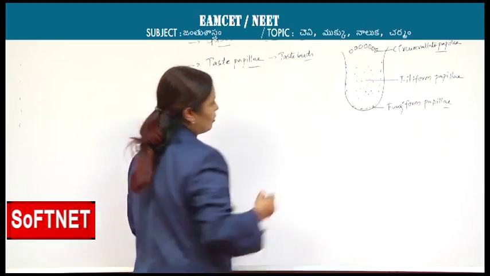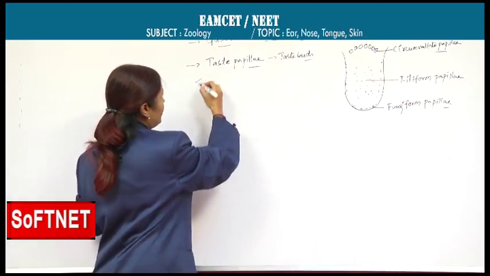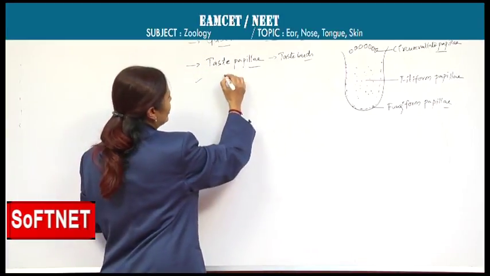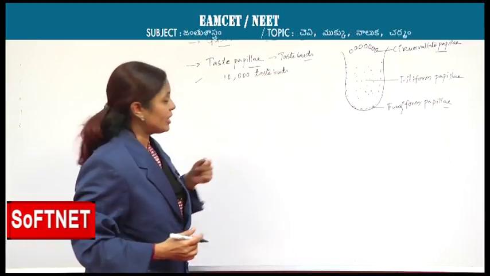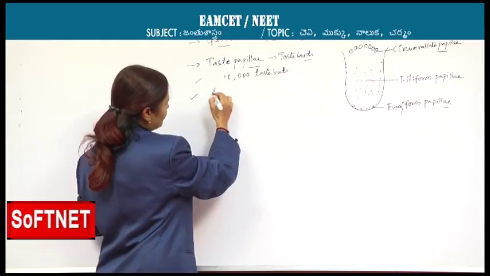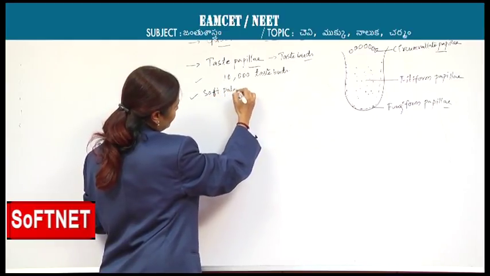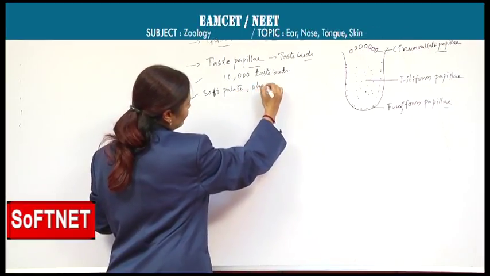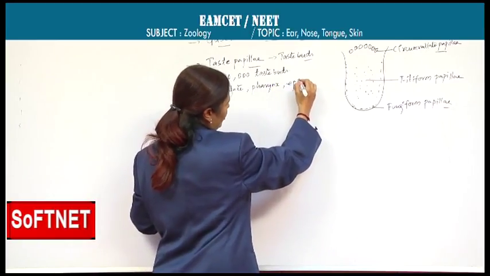But the taste buds are not present on all the papillae. When you look at the number of taste buds on the human tongue, generally there are 10,000 taste buds. A few taste buds are also present on the soft palate, pharynx, and also the epiglottis.